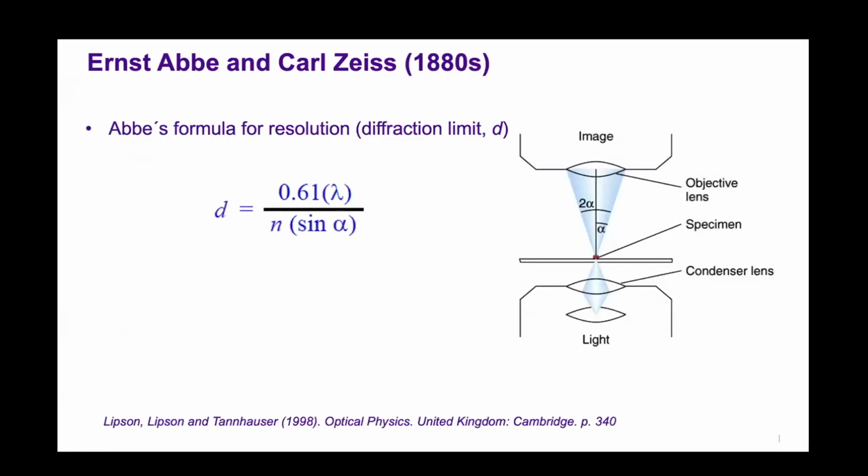Then in the 1880s, regarding the resolution of the light microscope, which I will come to, Abbe came up with a formula. According to him, the resolution will depend on the wavelength of light. Do not remember this equation. All we want to know is the wavelength of light.